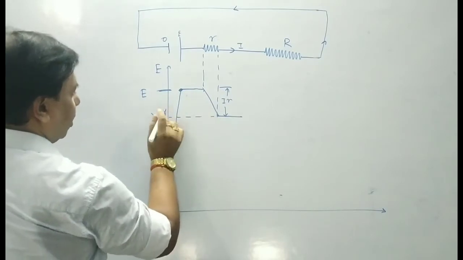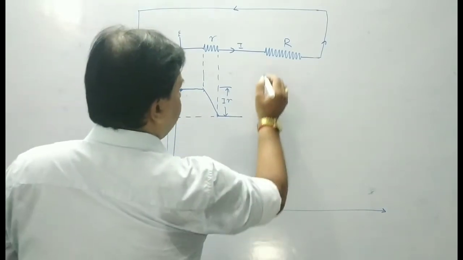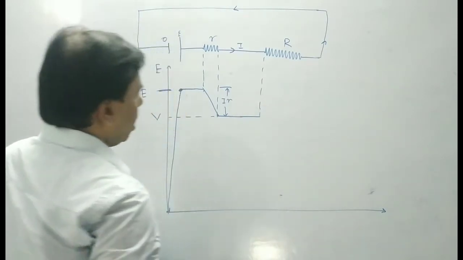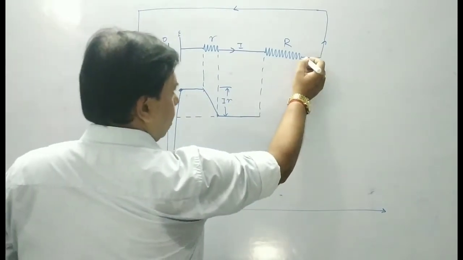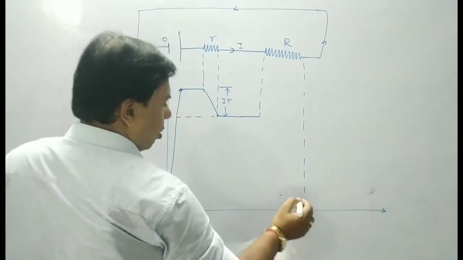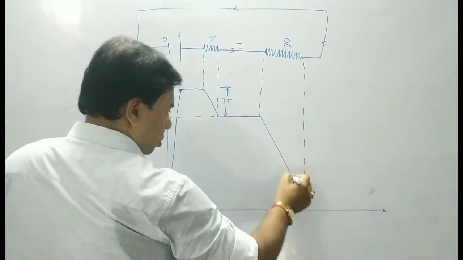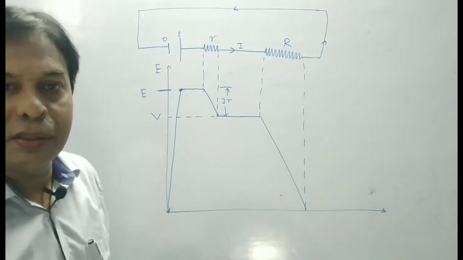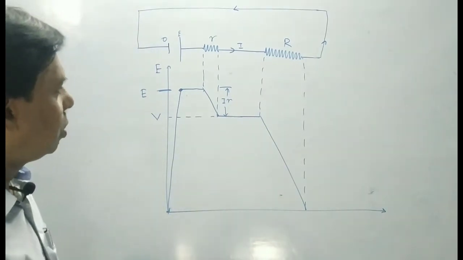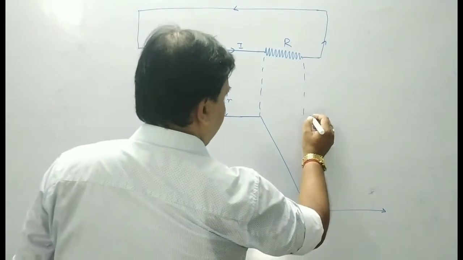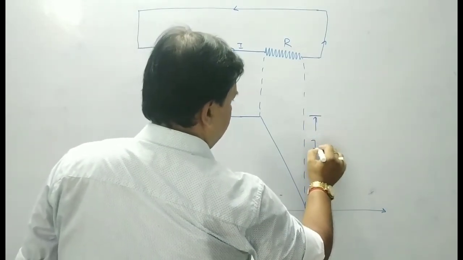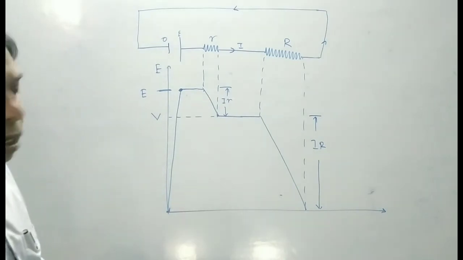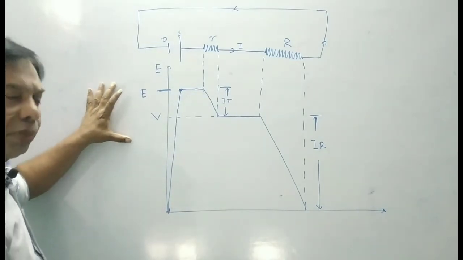Now after this is the voltage V. After this, up till here, it will not change. And this whole will be used while passing this resistance R. So this is IR. One thing you keep. So from here what we see?